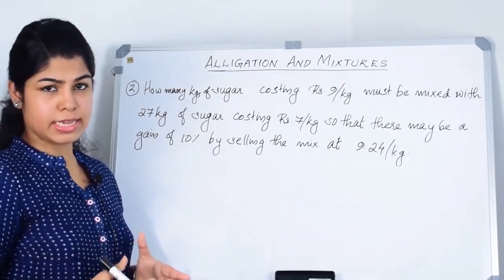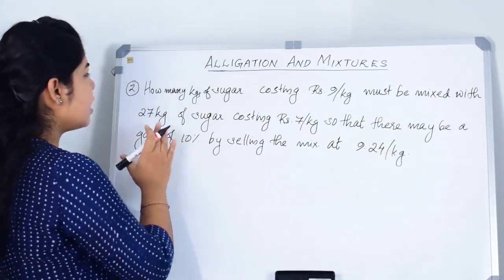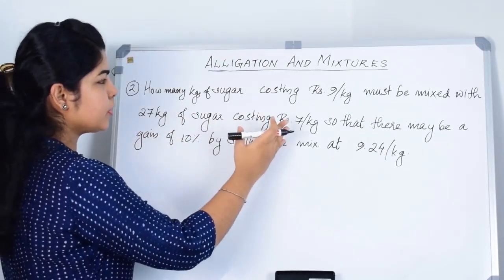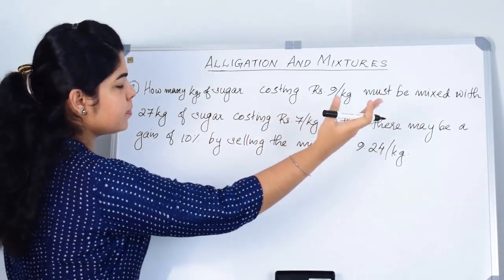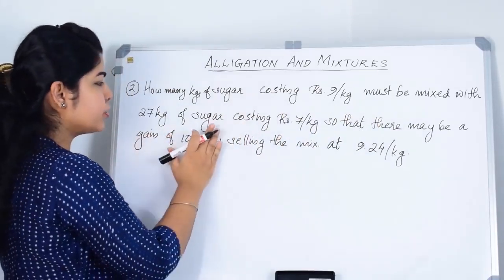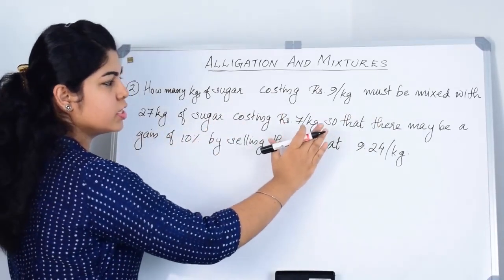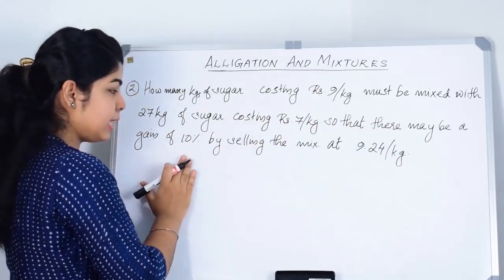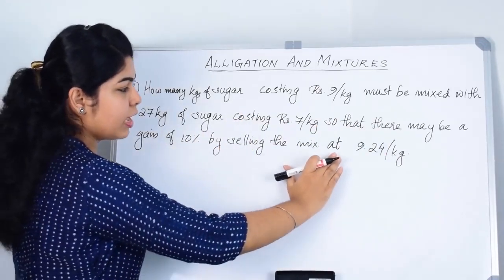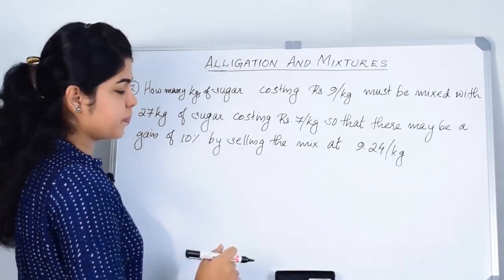Now let us solve our second question. Our question is, how many kilograms of sugar costing rupees 9 per kg must be mixed with 27 kg of sugar costing rupees 7 per kg, so that there may be a gain of 10% by selling the mixture at 9.24 per kg.